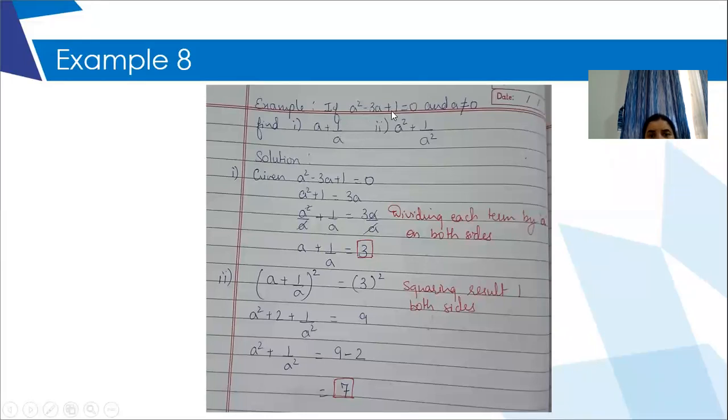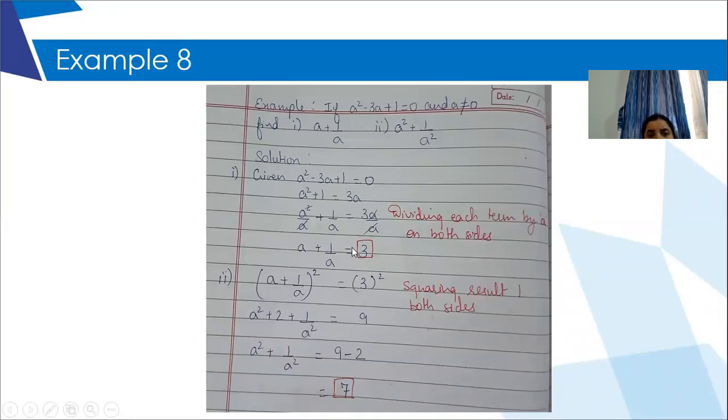How else will I do it? If you try to solve it by splitting the middle term, it will not happen, because 1 into a gives you 1a square. If you want to split minus 3a into two terms such that on multiplying they give you 1a square, it will not happen. So the only way of doing it is this.